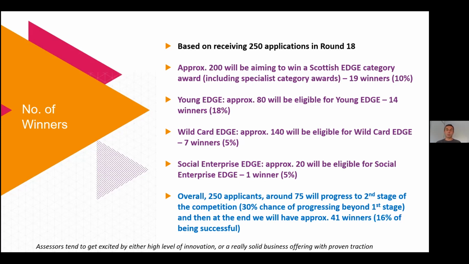But breaking it down into simpler terms, what normally stands out for the judges and gets their attention is a high level of innovation. That's not about groundbreaking science. It's just about something that's different, something that stands out as a bit unique. We'll touch on this as one of our assessment areas. Something that makes them go, do you know what, that's quite unique, that's quite interesting, really like that.